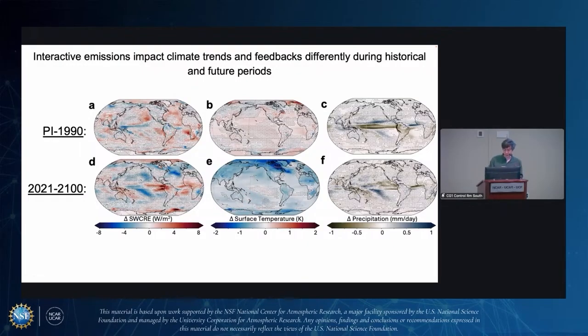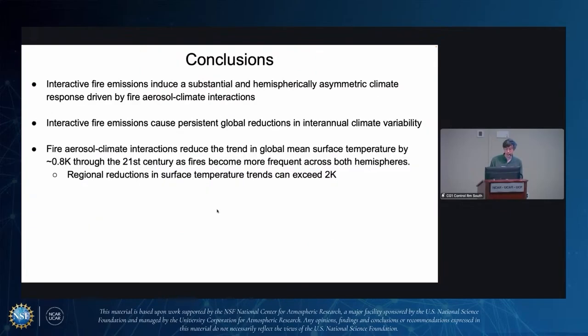Okay, so in conclusion, I want to highlight that this study shows that these interactive emissions induce substantial hemispherically asymmetric climate responses driven by these fire aerosol climate interactions. Also, the interactive fire emissions cause persistent global reductions in interannual climate variability, especially for surface temperature.